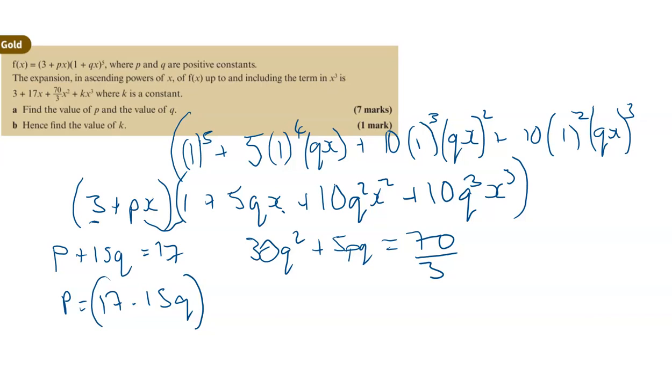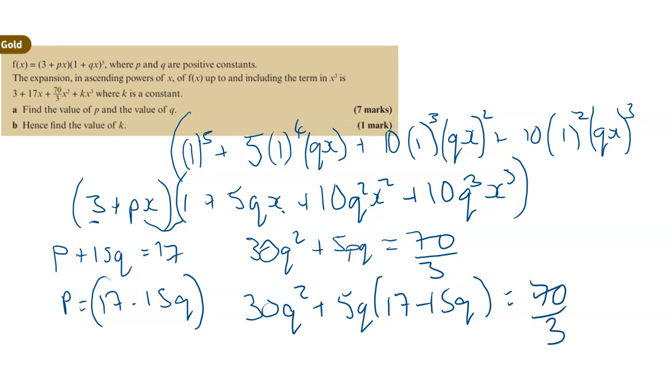What I will do is just do the substitution. 30q squared plus 5q times (17 minus 15q) equals 70 over 3. So what I personally would do is expand all this, simplify my q squareds together, times all the terms by 3, bring the 70 over, and then I just put it into the equation solving function on my calculator, the quadratic solving, and I just get the answers for q.